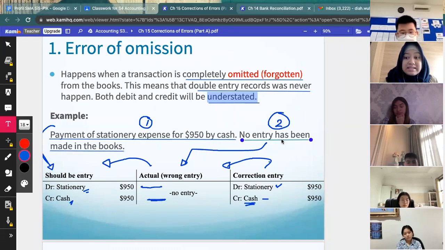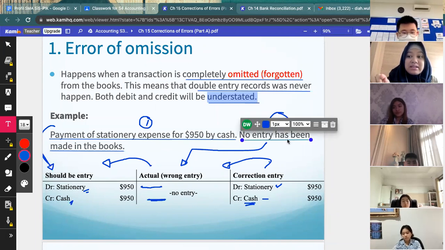The second sentence is showing where you made the mistakes. I repeat, yeah. So when you see an error transaction, cut it and divide it into 2. The first part is always showing the transaction that you're supposed to record. The second one is how you recorded it, is where you made the mistakes. Yeah, so let's see.